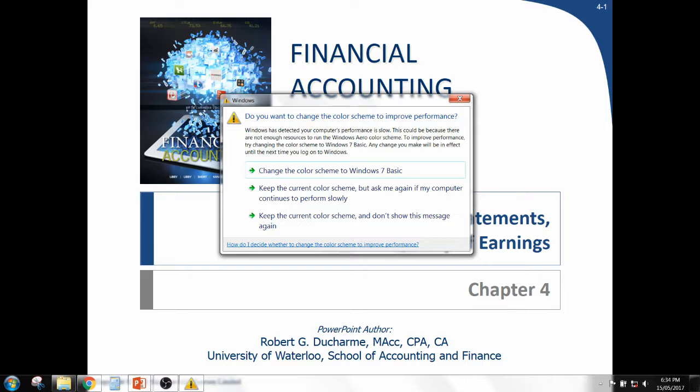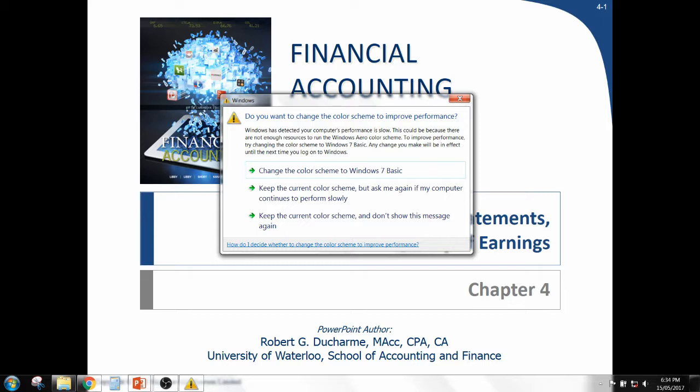Every entry will always have debits equaling credits, and you always have to have at least one debit and at least one credit. You can't have 2 debits and 0 credits, and you can't have 2 credits and 0 debits because your entry won't balance, right?